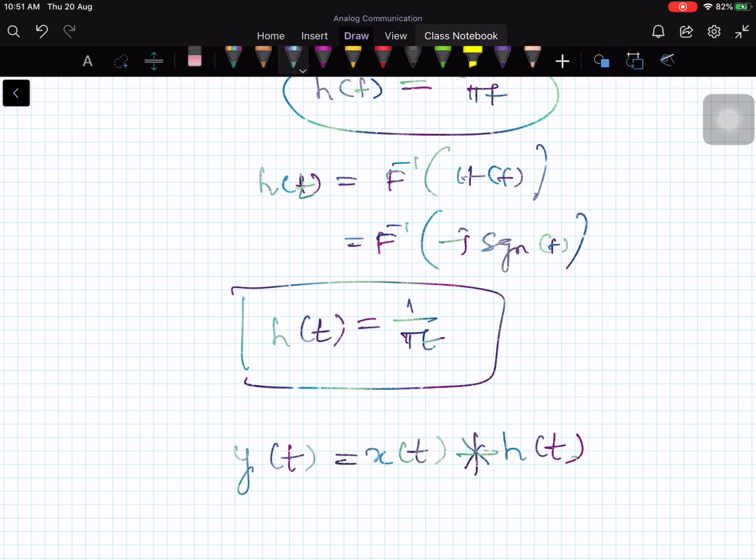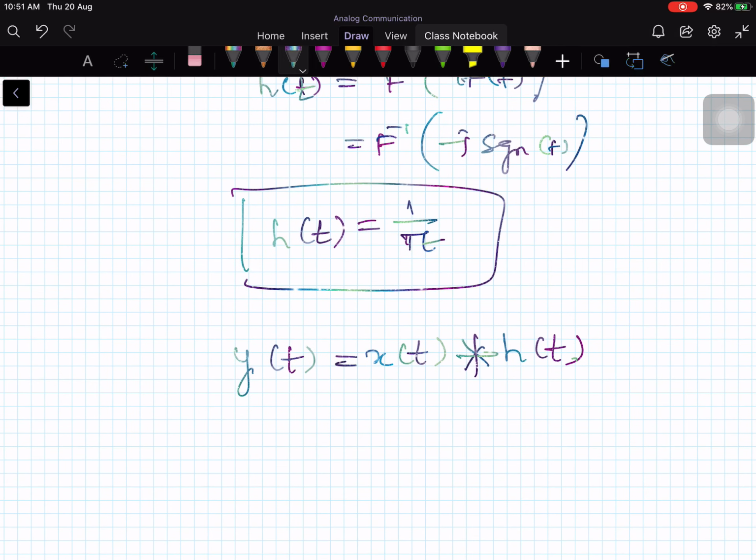Now in compact notation people will write this as x hat of t. Incidentally, instead of calling it a general signal y of t, this whole thing is called x hat of t. That x hat of t indicates the Hilbert transform of the signal x of t.